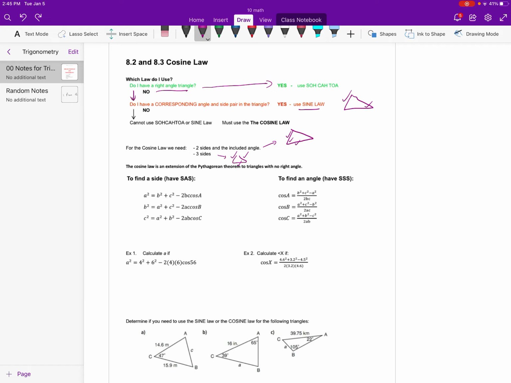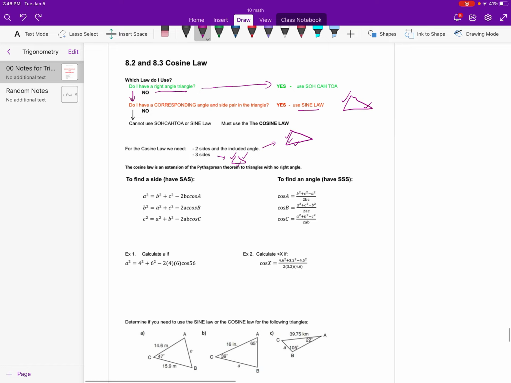So let's try and rewrite it here for a second. If you have A squared equals B squared plus C squared minus 2BC cos A, what we're doing is A squared is equal to B and C, so the other two sides, minus 2 times the other two sides again, and times cos of the angle measure, A. Okay?